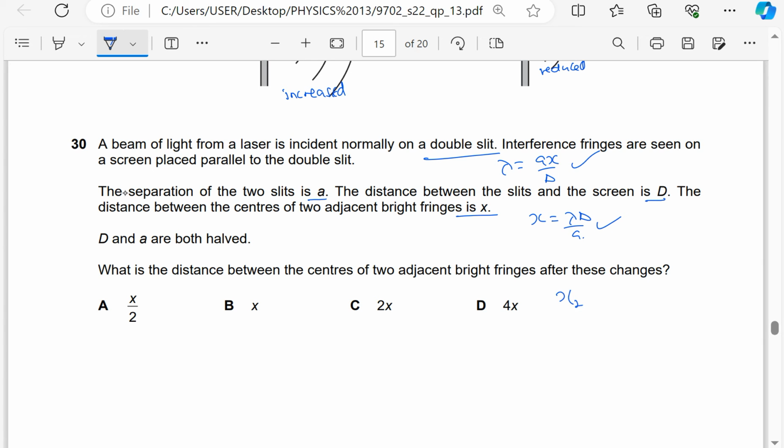So X2 is going to be, wavelength is staying the same, D is now a half D, a is now a half a. So of course a half and a half are cancelling, and this is taking me back to lambda D over a, which is the same as before. So it is going to still be the same X.